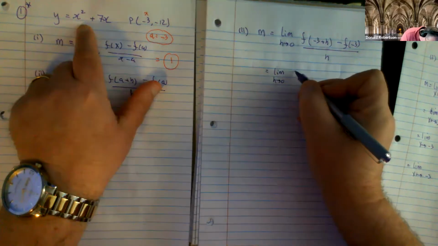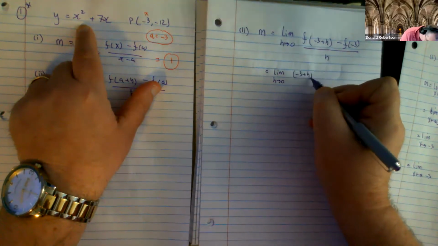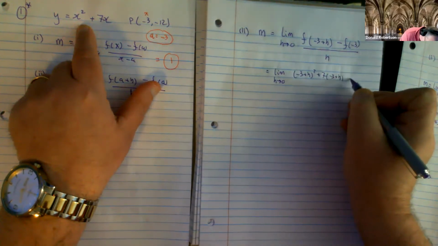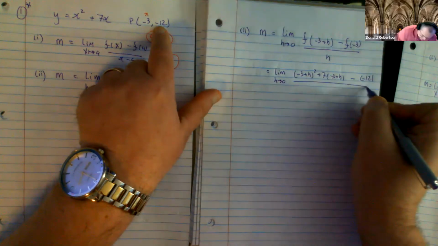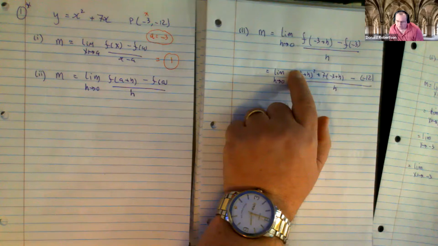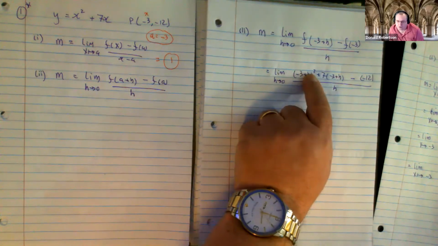So x squared becomes this guy. Take away f of -3, so you take away that, over h. Now, I know that this is a bit messier and you have to FOIL this out, which it is, a lot more work.